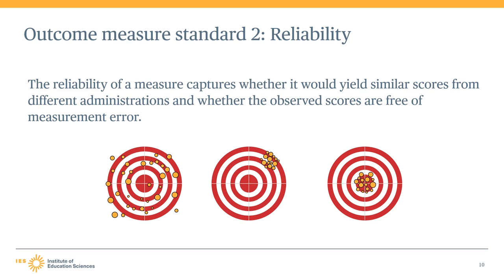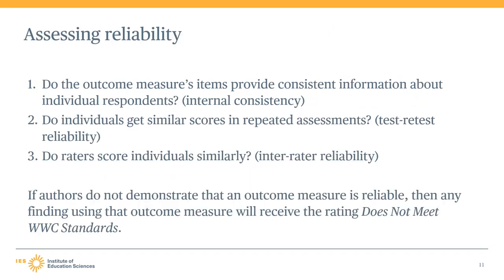The results in the second target are clustered in a single area, so this measure is reliable. The results do not need to hit the center of the target to be considered reliable. The third target represents a measure that has both face validity and reliability because the results are clustered at the center of the target. So how does the WWC assess reliability?